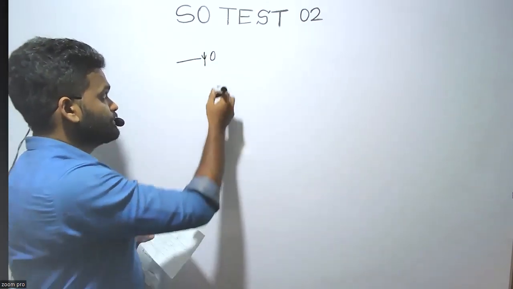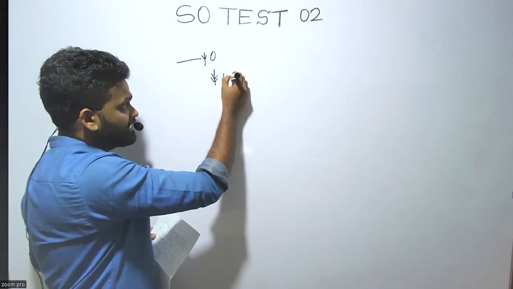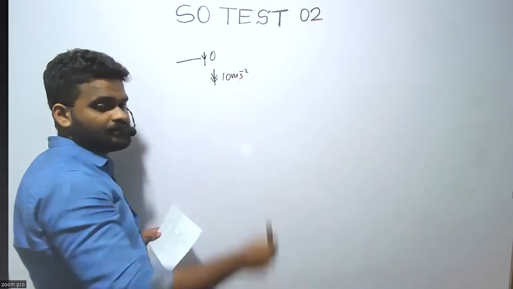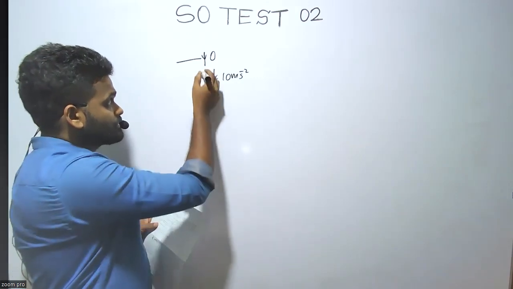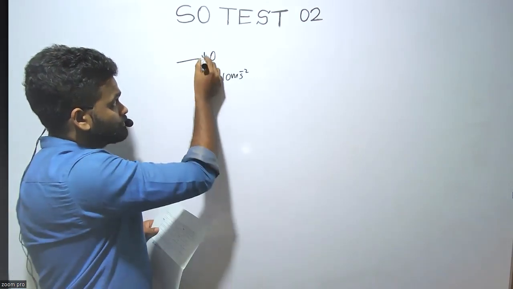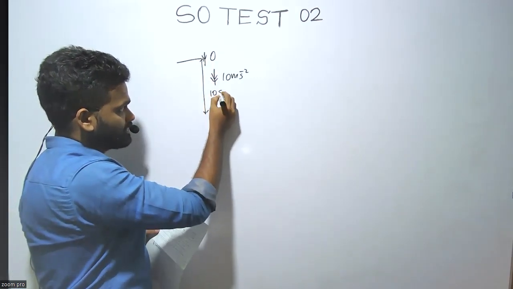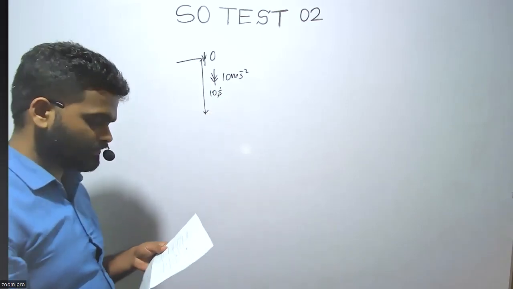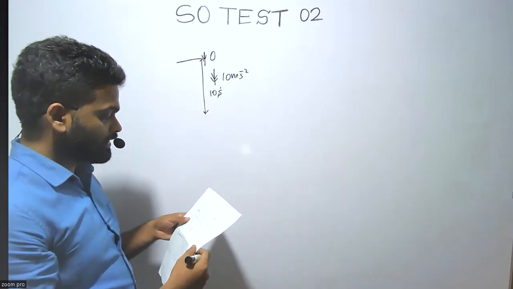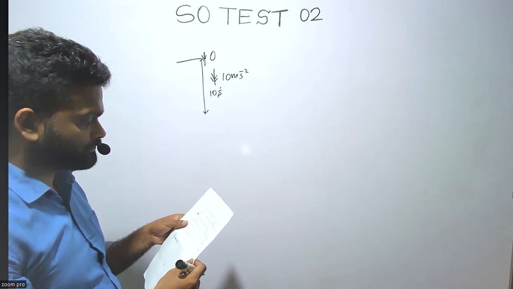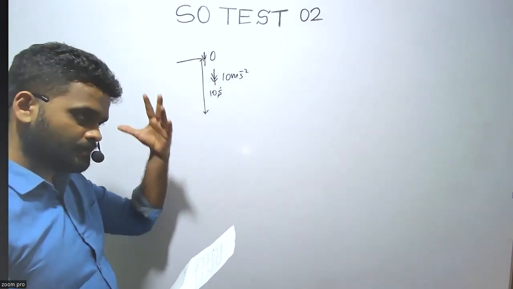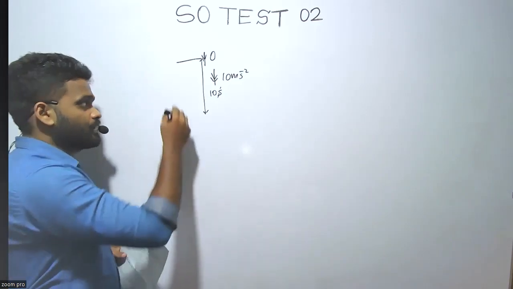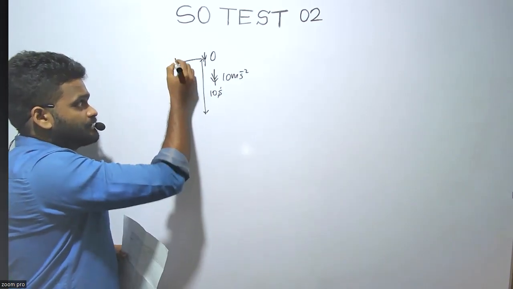Free fall means he's moving down at 10 meters per square second, gravitational acceleration. This happens for 10 seconds. From here to here, he hasn't launched the parachute, right? So let's say from 1 to 2.